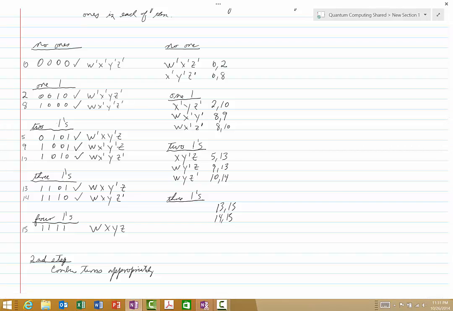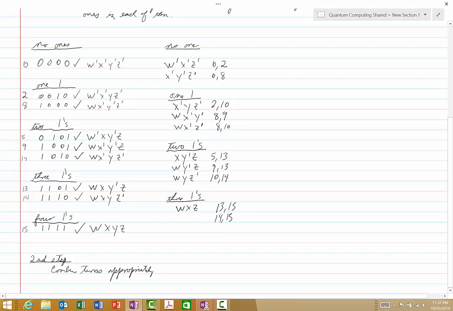And so 13 and 15, they differ only in the y bit. So what we're left with after we take that away is wxz. Likewise down here, when we take away y, we get wxz. And that's 13, which already has a check, and now we'll put a check by 15.